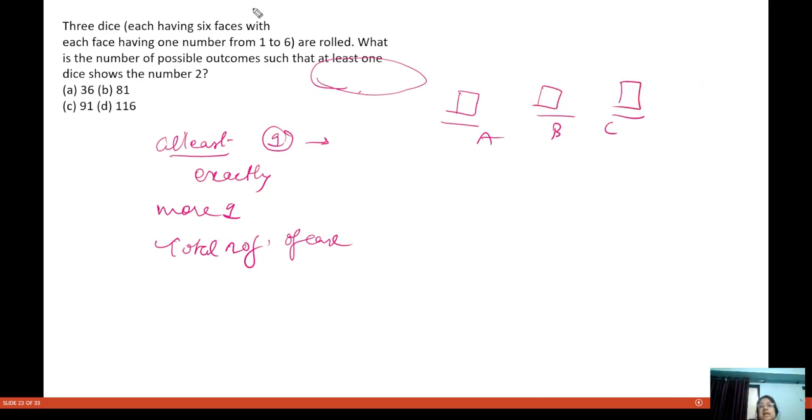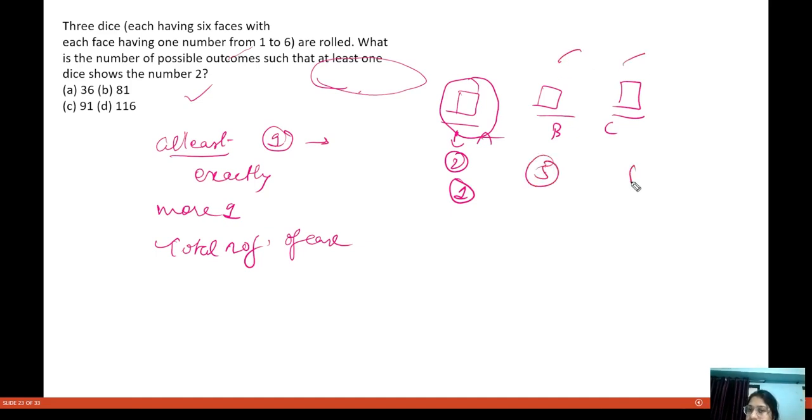This is asking us what is the number of possible outcomes such that at least one die shows number 2. So if this one is showing number 2, then this can be done in how many ways? This can be done in only one way because 2 is only one single outcome, and these are not showing any 2.